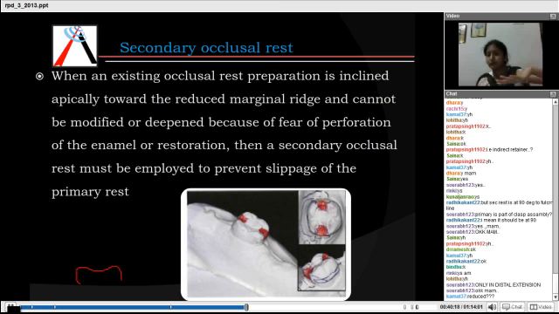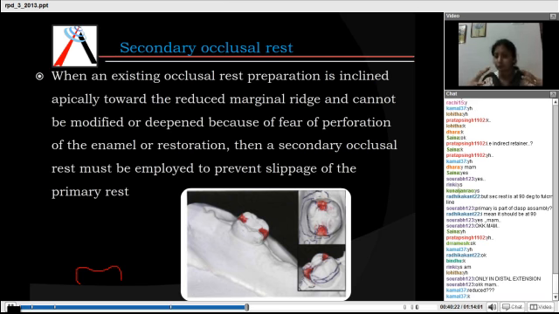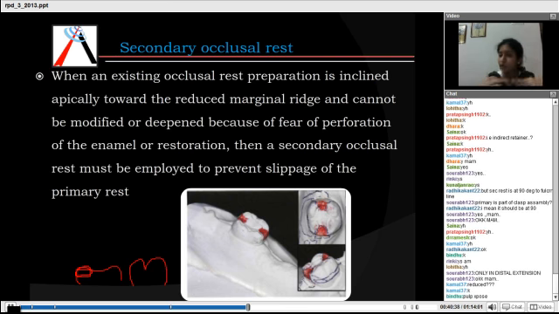It is a tooth which is attrited, or is restored with something, and the marginal ridge is not up to the entire mark. It is not proper. It is reduced. So now if you try to make a rest seat area in this place, what will happen? It will lead to a perforation of the enamel, of the pulp, or of the restoration. So what do you do in such cases?